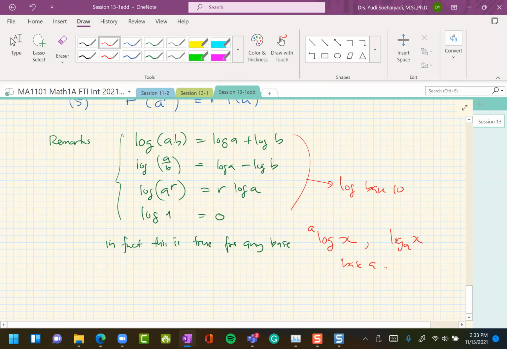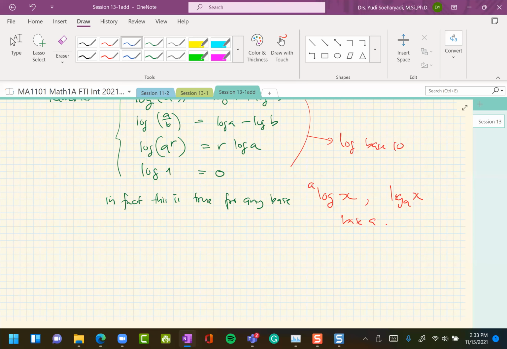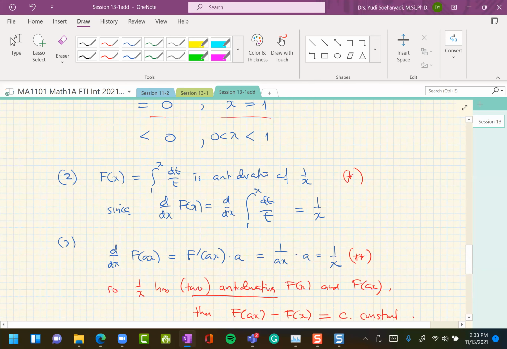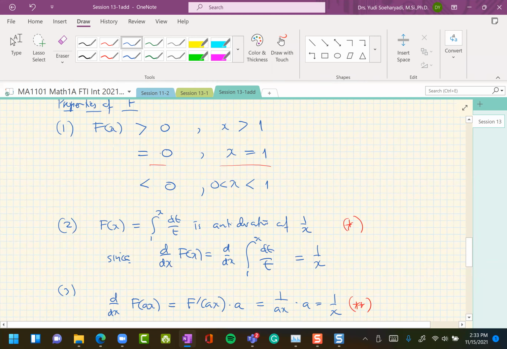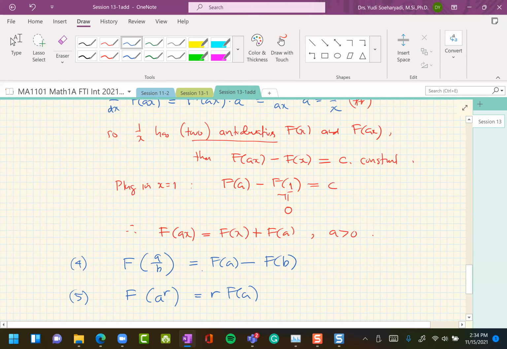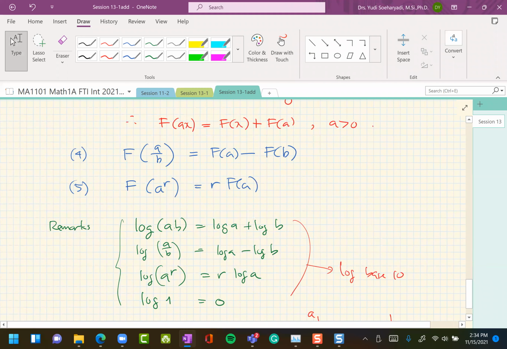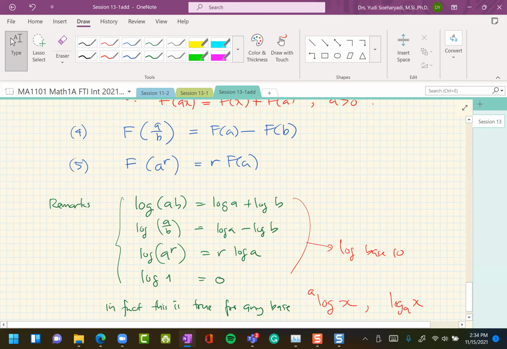Okay, so log functions. All right, so you see that the f here, f of 1 is 0, f of a number bigger than 1 is positive, and for a number less than 1 it is negative. So you also have properties 3, 4, and 5, like the log.